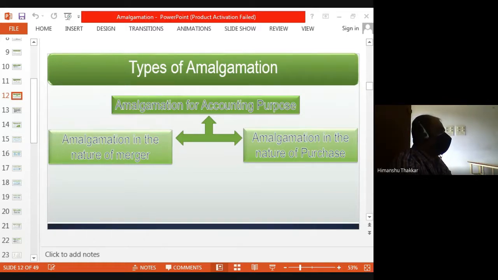They will give you something like this. So for 14 marks, you have to prepare two balance sheets. The first one is the first method, that amalgamation is in the nature of merger, and the second is amalgamation in the nature of purchase.